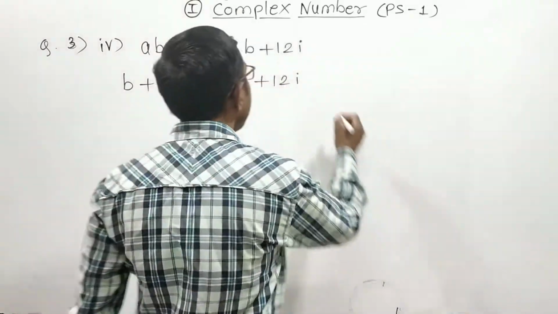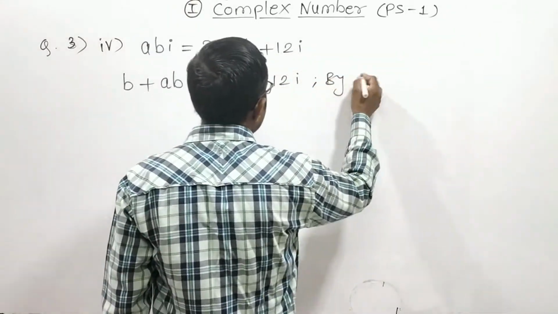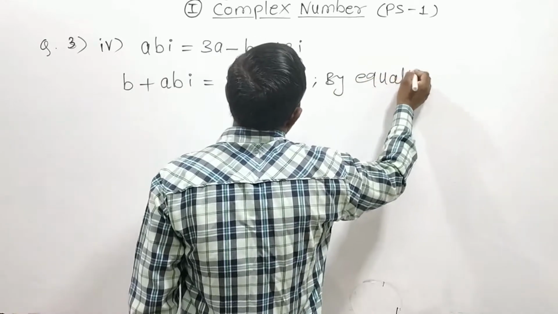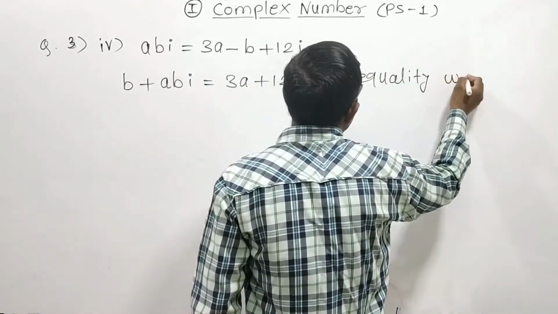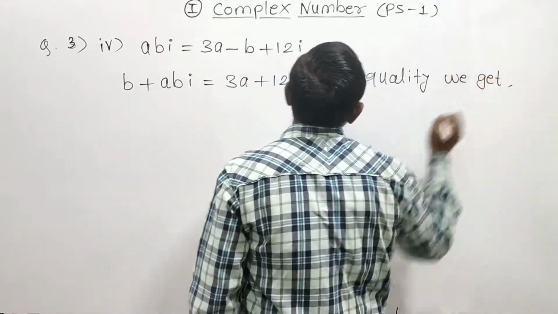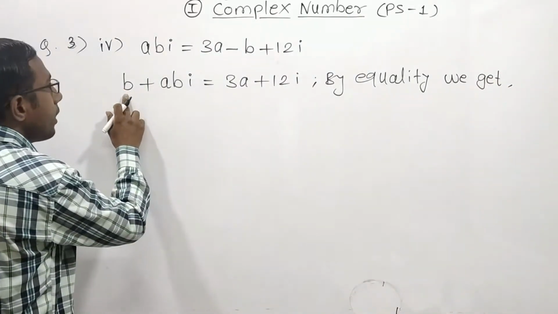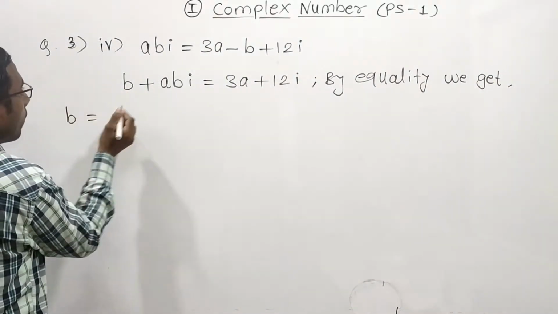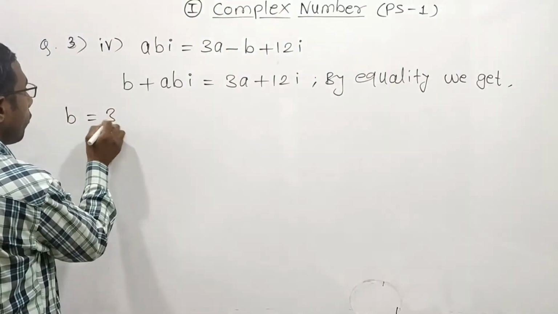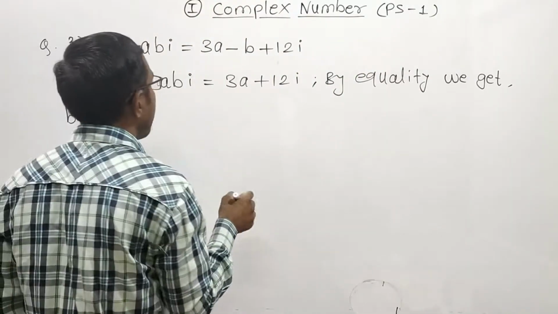By equality we get, what is the real part on the left side? b. Real part on the right side is equals to 3a.